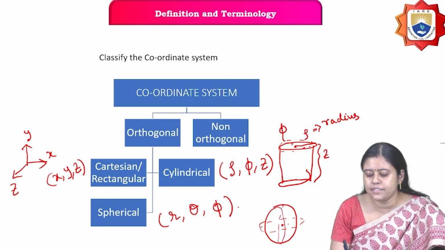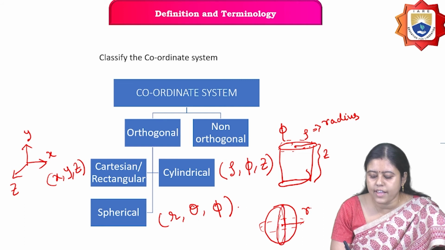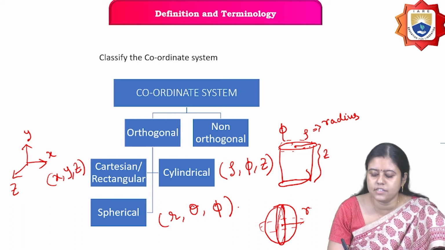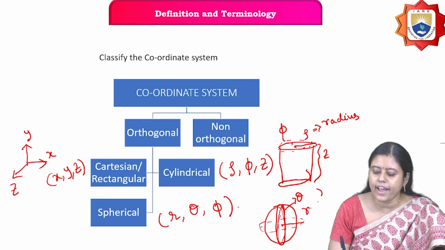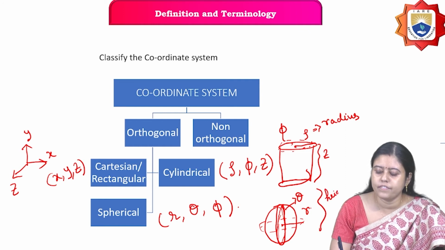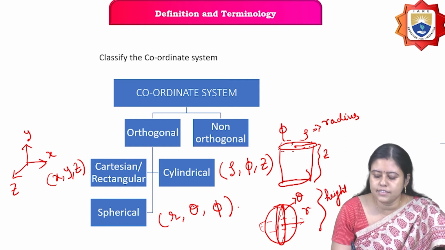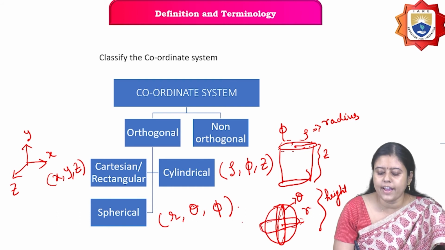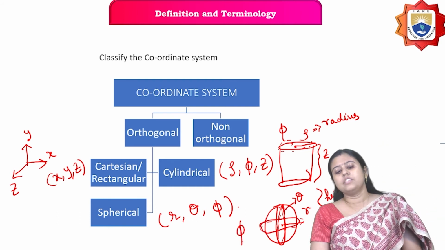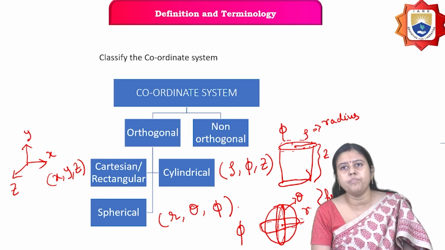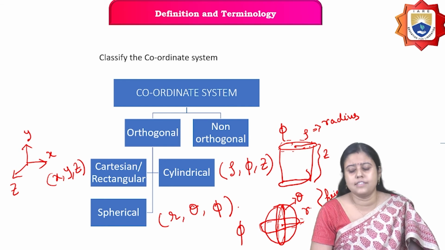One is this radius, r. The angle across this is written as theta. That is actually the height. Another one is this angle, phi. So these are the 3 types of coordinate system.